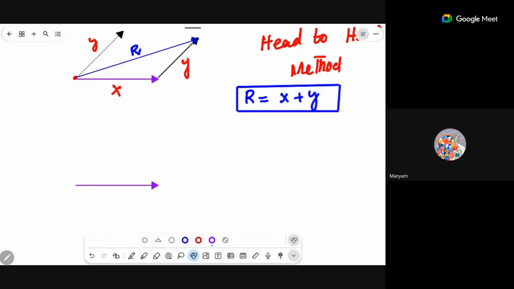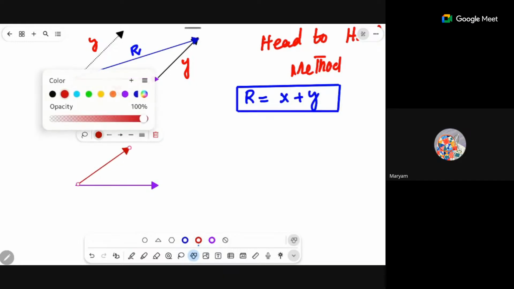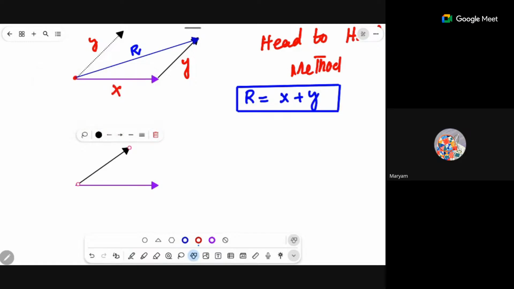And there is another vector which is basically your vector y, and that vector is here. Now this will be same as x and y. I will just name that this is your vector x, this is your vector y. So now I want to add not x and y, but I want to add x and y in this way.